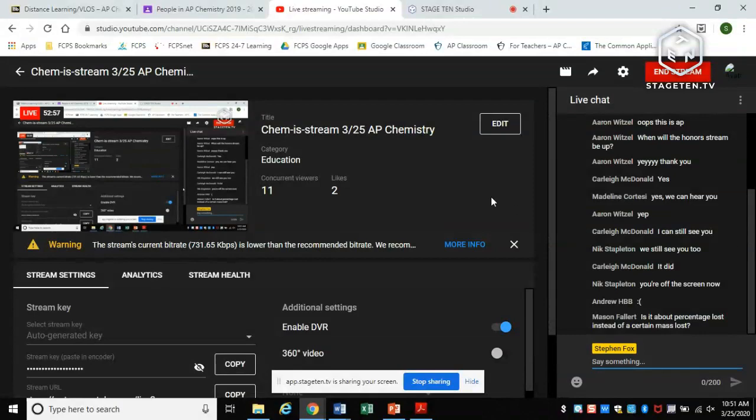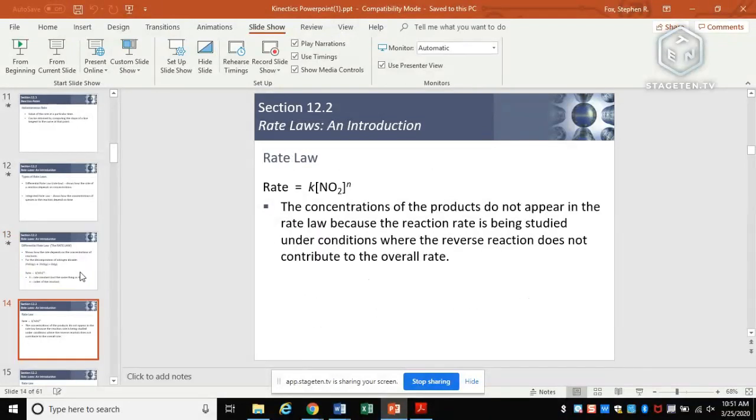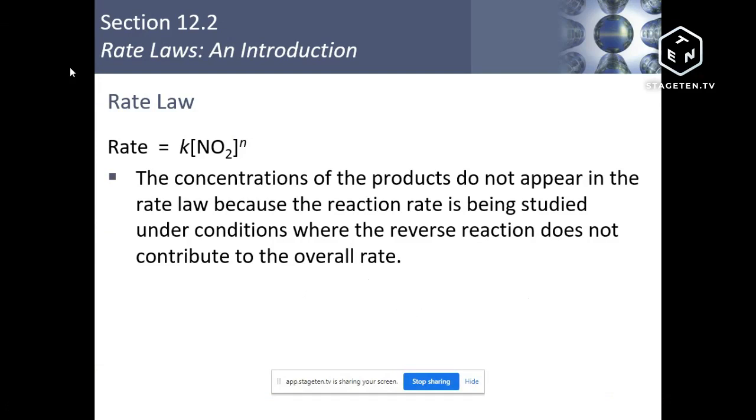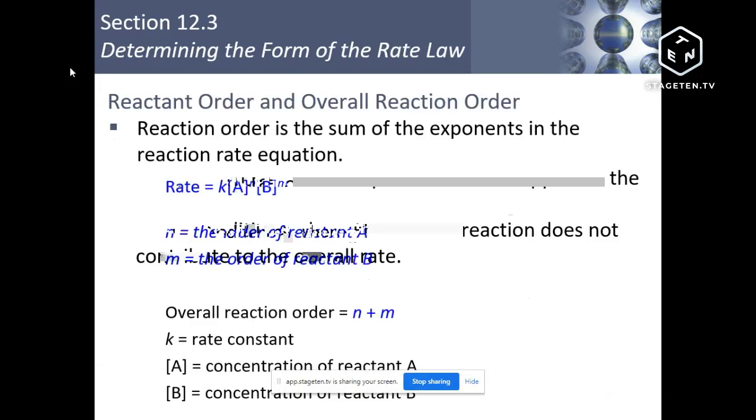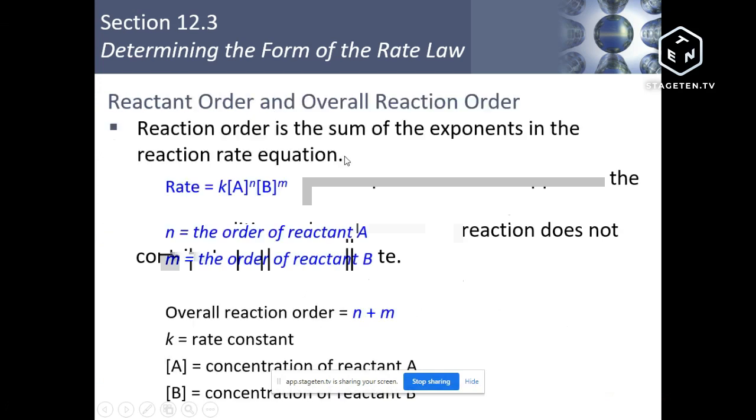So let's talk about what it means to be zero ordered, first ordered, whatever. Before we get to orders, just understand, if this is my rate law for a reaction, then I know A and B are reactants of that.